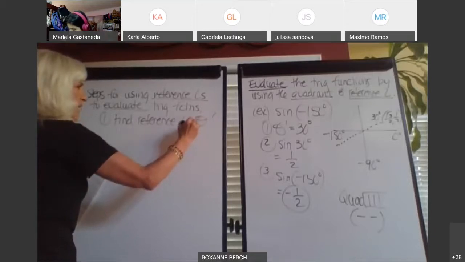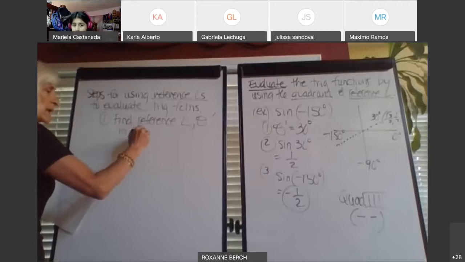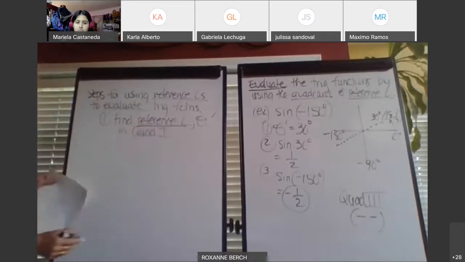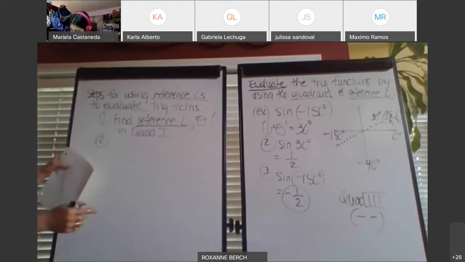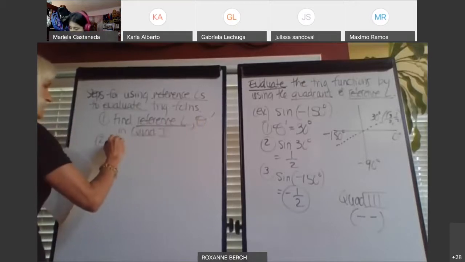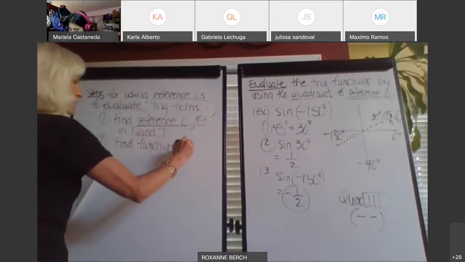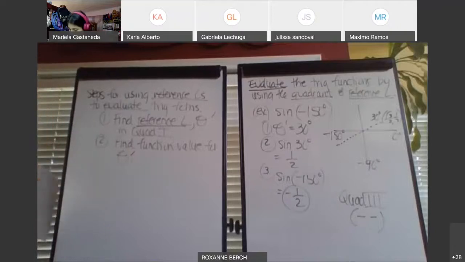We call it theta prime, and it is in quadrant 1, because a reference angle is defined as a positive acute angle, which is an angle in quadrant 1. The second step is to find the function value for theta prime. In other words, evaluate the reference angle.